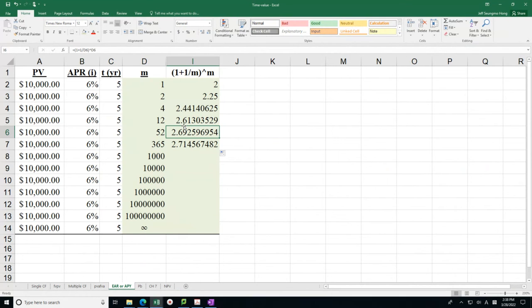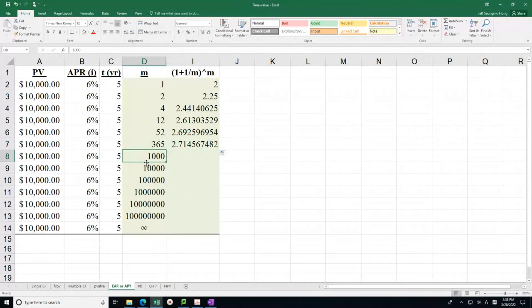But it doesn't increase that much. In semi-annual compounding, the multiplier will become 2.25, quarterly compounding 2.44, monthly 2.61, daily 2.71.